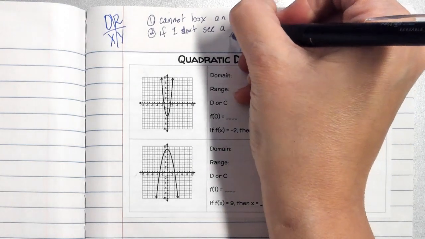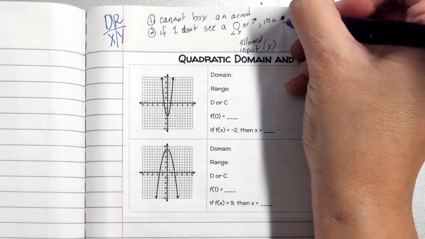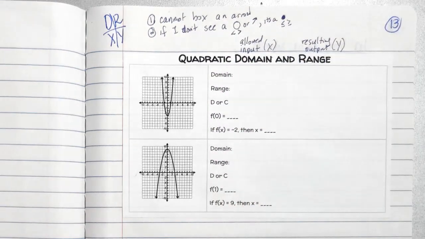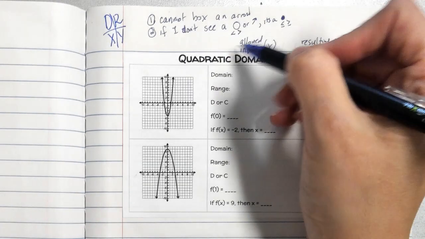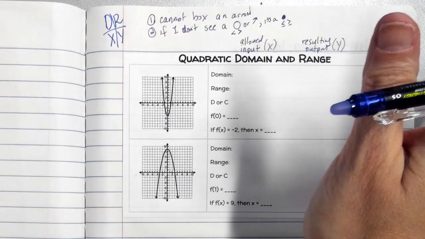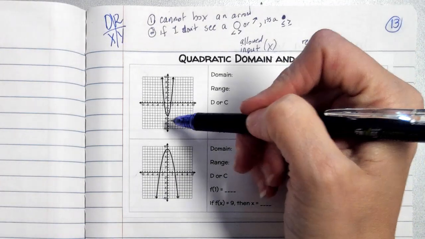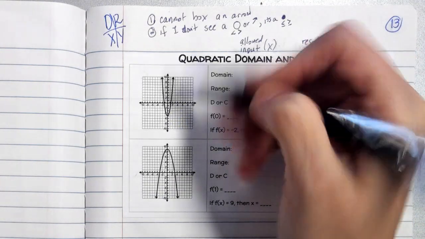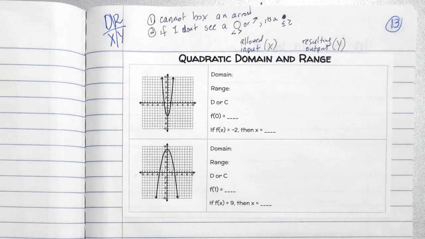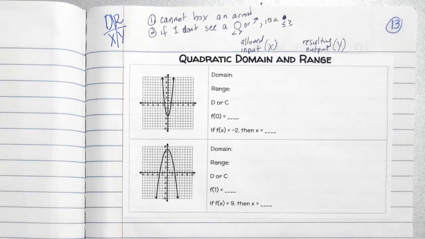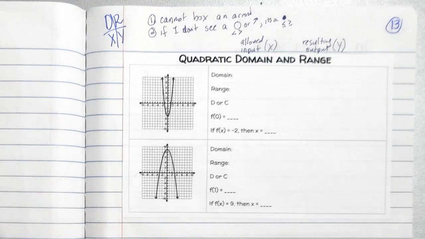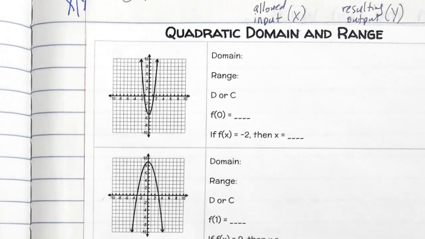So this one will be like that. Do you see what I'm saying? If I don't see a bubble or an arrow, I assume that it's a dot. So like right here, I don't see a bubble or an arrow, so I'm going to assume that that thing is a dot. Hopefully we'll get back to that in a second and it'll make sense. So I'm going to try and box this in.